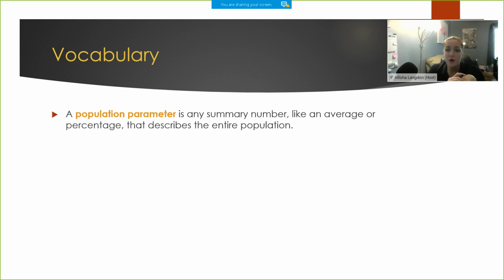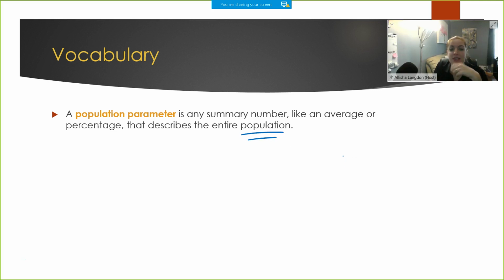Now, another vocab word that we need to talk about today is called a population parameter. So a little alliteration there, PP. A population parameter is any summary number such as an average or a mean or a percentage or standard deviation or variance, whatever that summary number is, as it applies to the entire population.